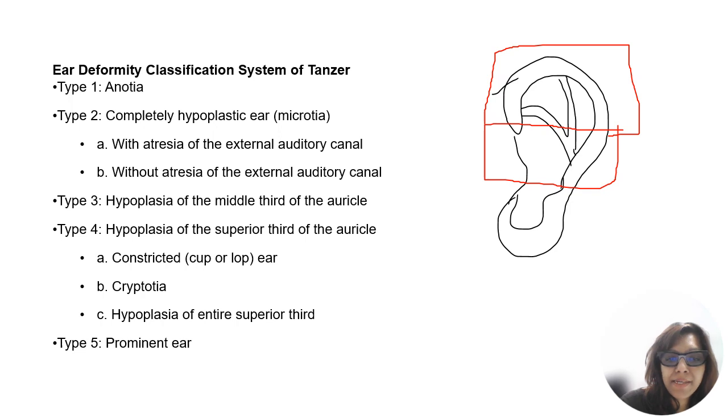Now, these terms, cup or lop ear, cryptotia, are all just variations of microtia itself, or of hypoplasia. So remember, you've got anotia, that's complete absence, followed by microtia, that's hypoplasia of the entire ear. Then hypoplasia of the middle third. Then hypoplasia of the upper third, followed by a prominent ear or enlarged ears.